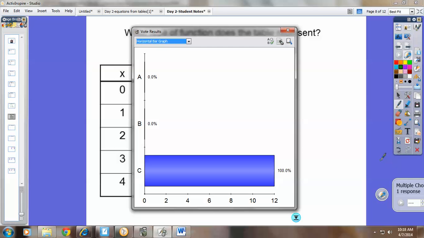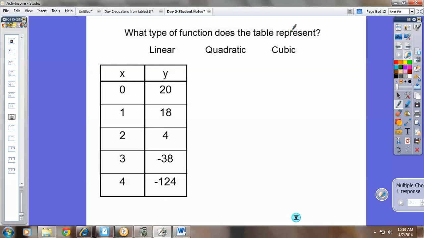Good. Most of you are saying it's cubic. Let's look at this one. If you go ahead and subtract your differences, again, if you're working ahead, just go ahead and stop for the time being and follow along with me.